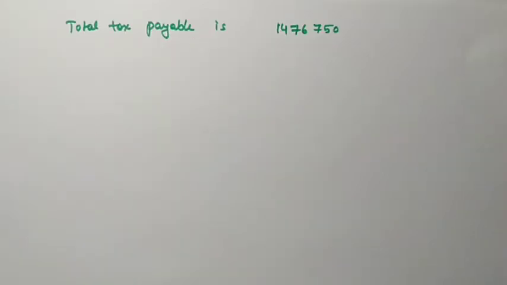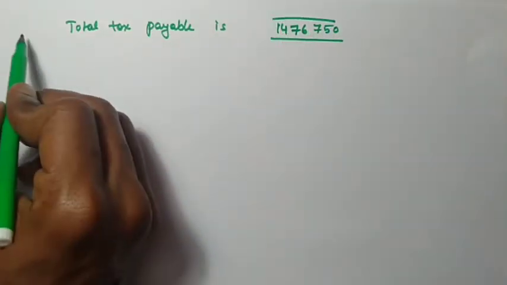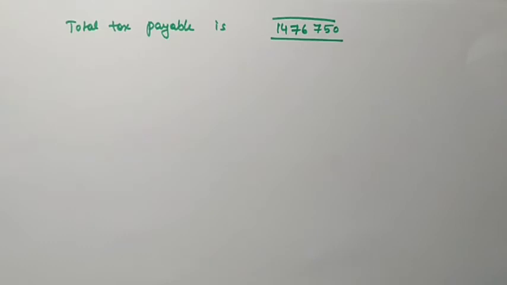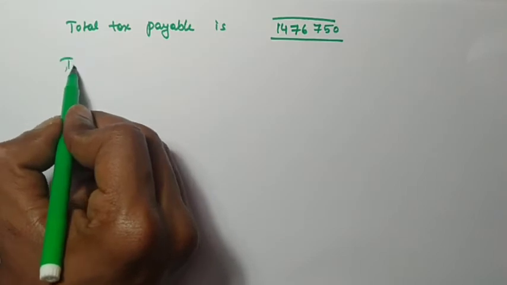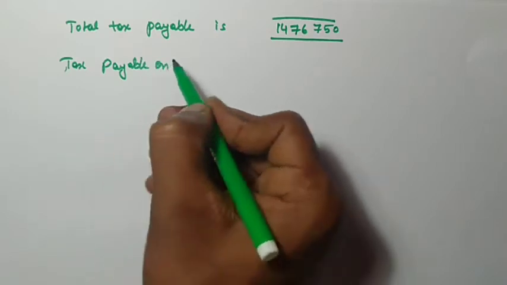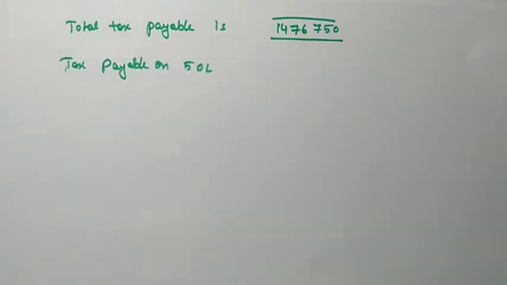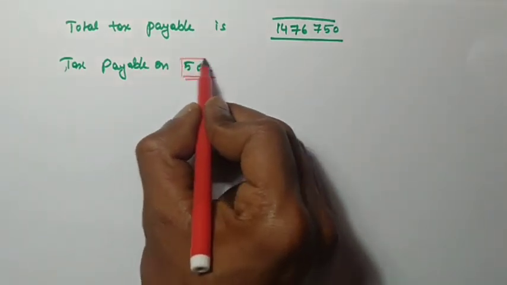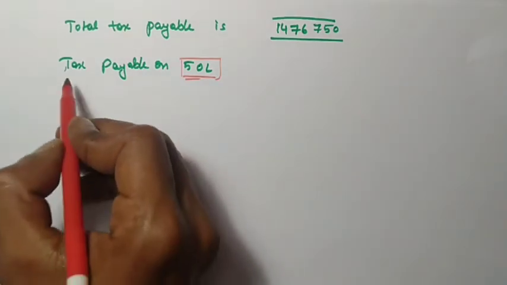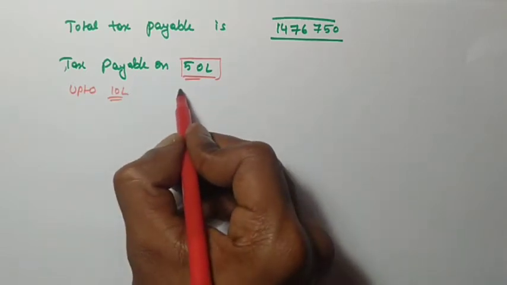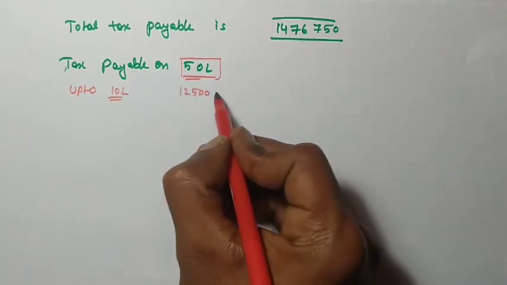So now we should calculate tax on only 50 lakhs. So let us calculate tax payable on 50 lakh. So up to 10 lakh it is normal, that is 12,500 plus 1 lakh.